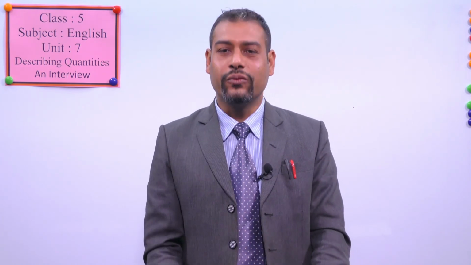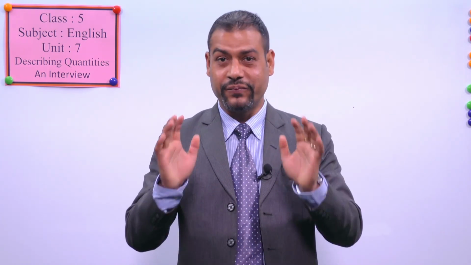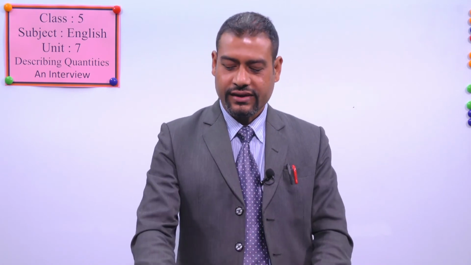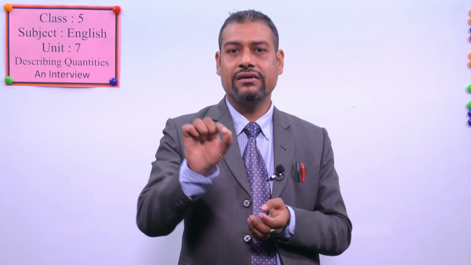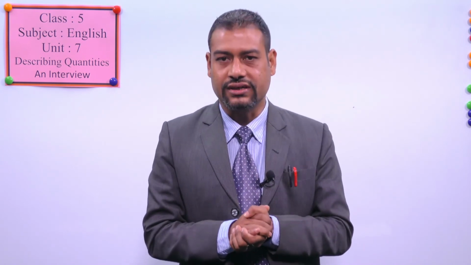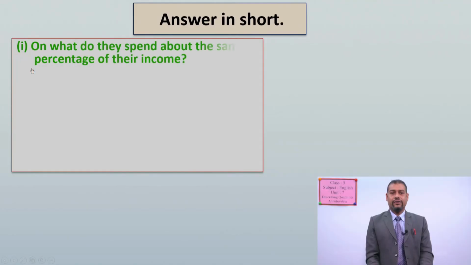Very good. Now one more exercise I want to give you. So be ready again. The exercise for you is to answer in short. There are questions and you have to write their answers in short. The questions for you are: question number 1.